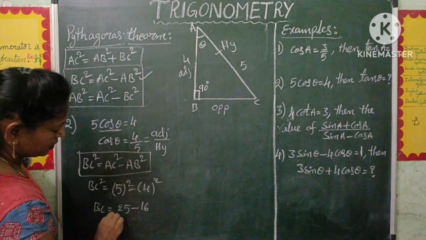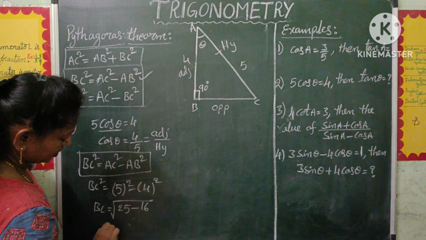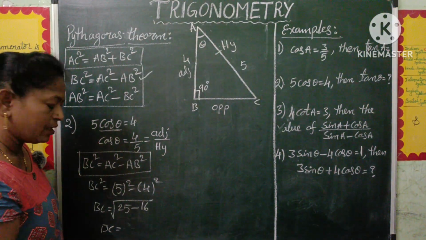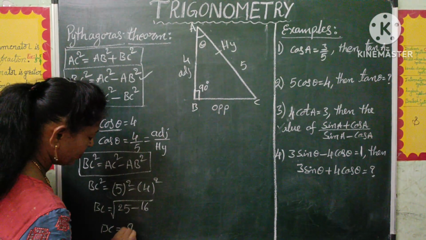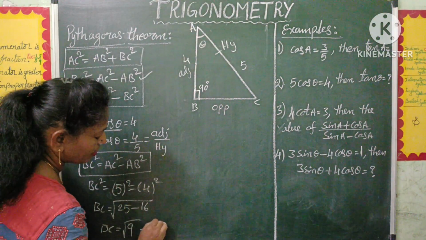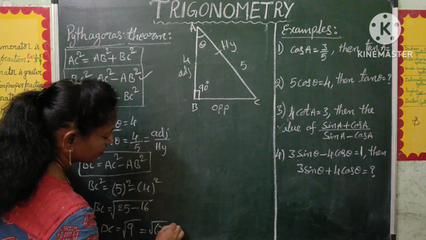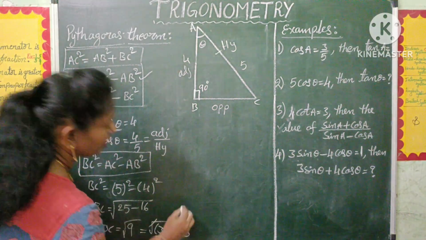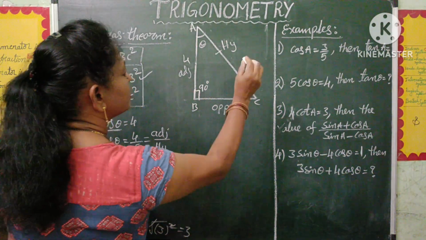Square becomes square root. BC equal to 25 minus 16, 9. Square root of 9. 9 is the square of 3. So the square root cancels, 3 is left over. So the opposite side is 3.